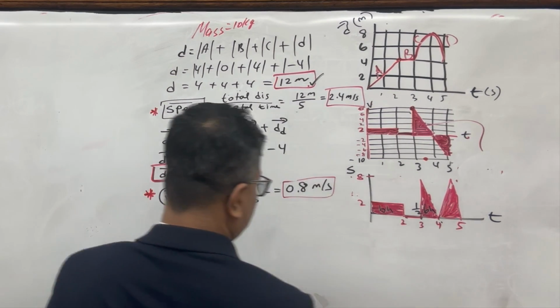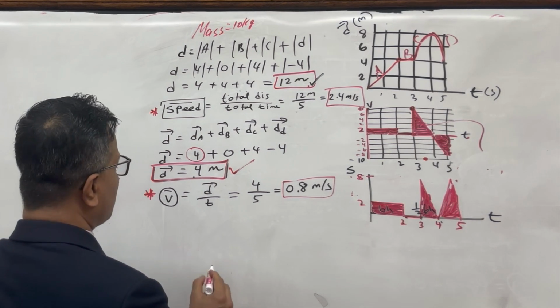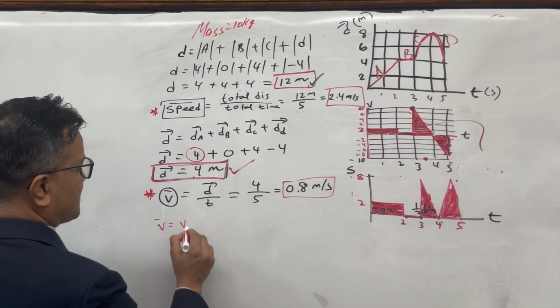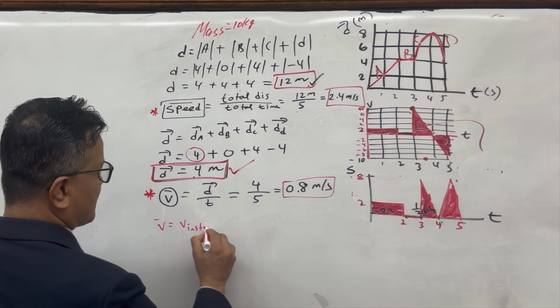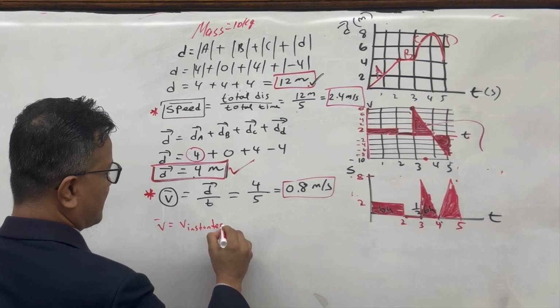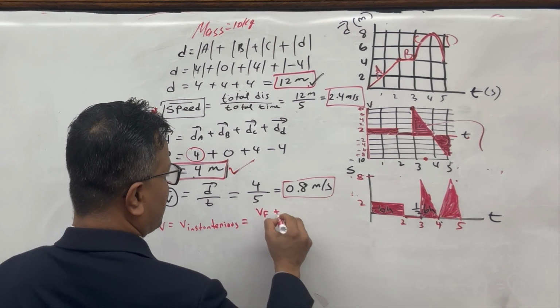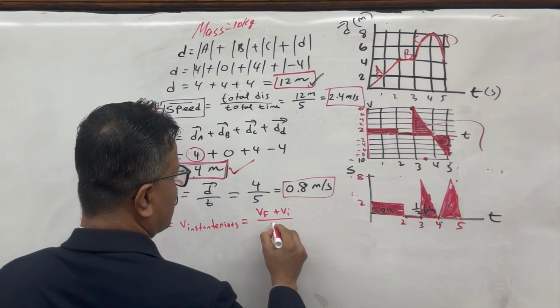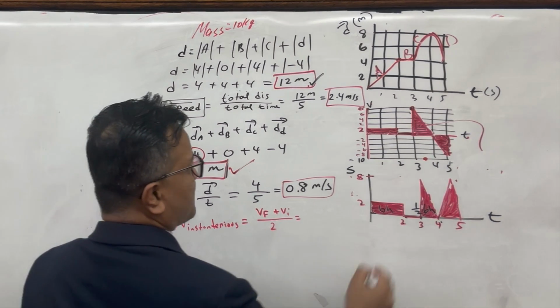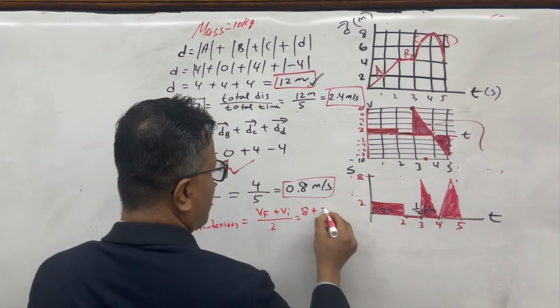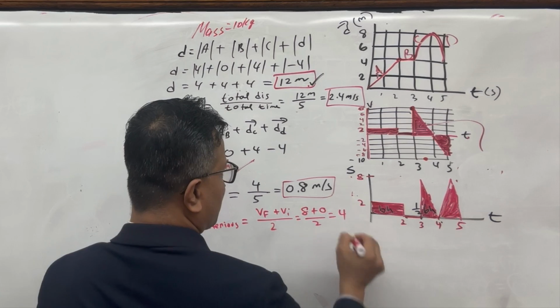Let's do it this way. You can use the average velocity. So average velocity would be equal to instantaneous velocity, Vf plus Vi over 2. So what is Vf? 8. What is Vi? 0. Divided by 2, which is 4.